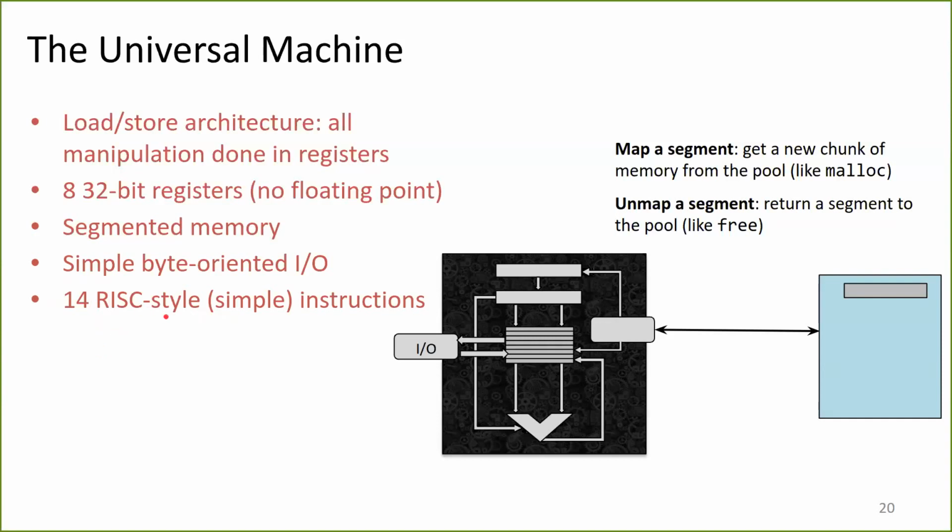A CISC style machine has way more instructions, some of which take a really long time to execute and are usually very specialized. An example might be an instruction just for doing the square root operation, or an instruction for doing, say, access this chunk of memory, add it to this other chunk of memory, and store the result somewhere else. Some just crazy nuts instruction.